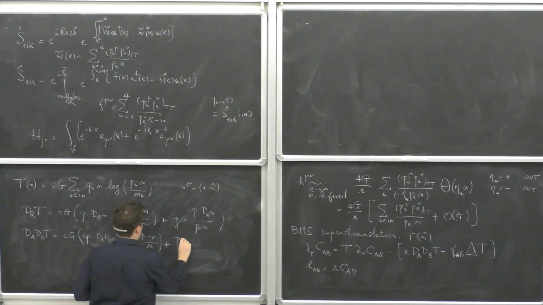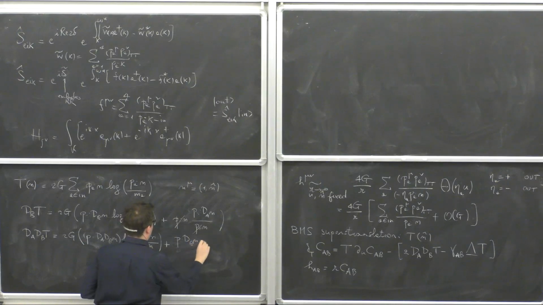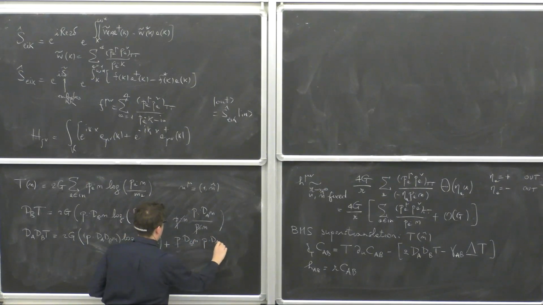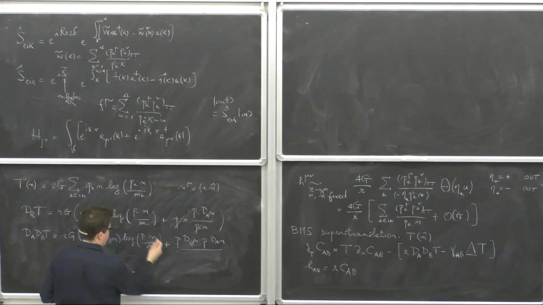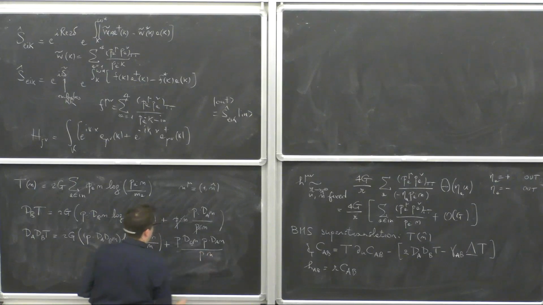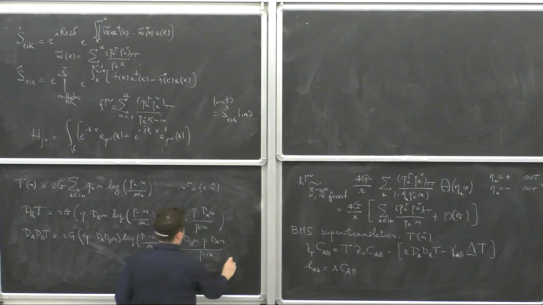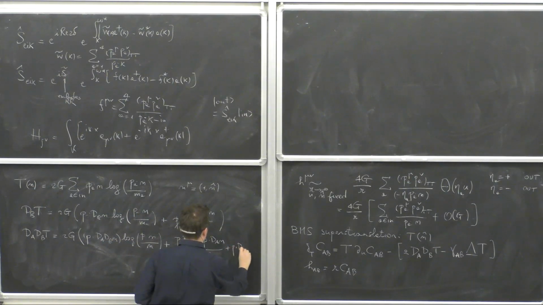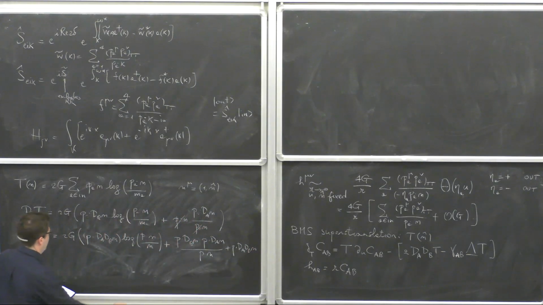So p dot d_B n, p dot d_A n divided by the argument of the log. And finally here, I can only act on this guy twice. And probably should close the round bracket.